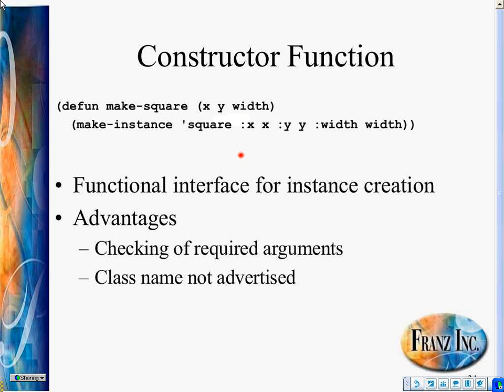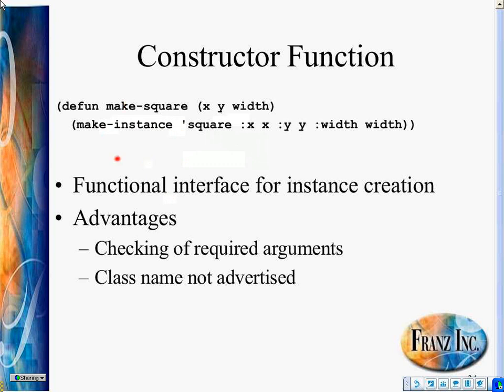It's somewhat tolerant of taking a whole bunch of arguments, and it's just not a tremendously friendly function. The idea is you're writing here a friendly function for creating instances of squares.